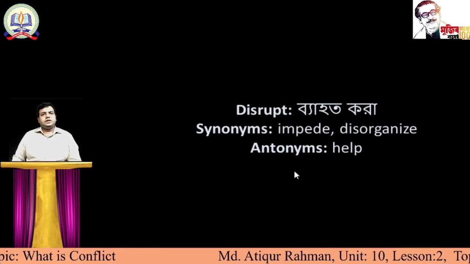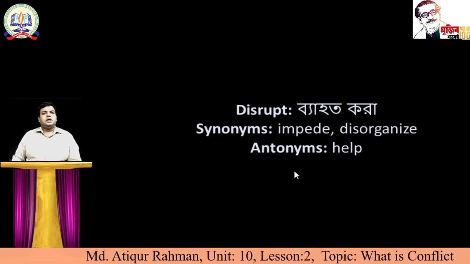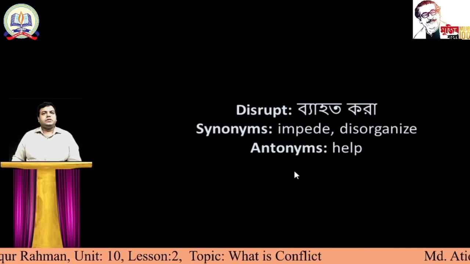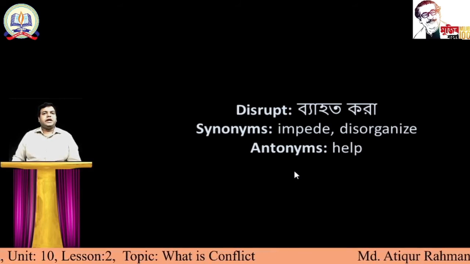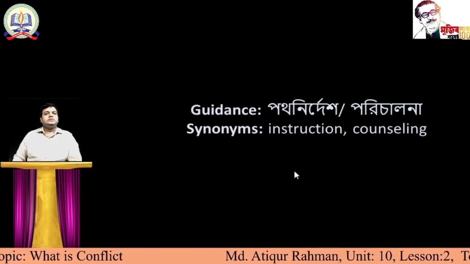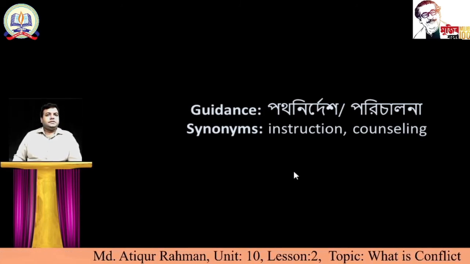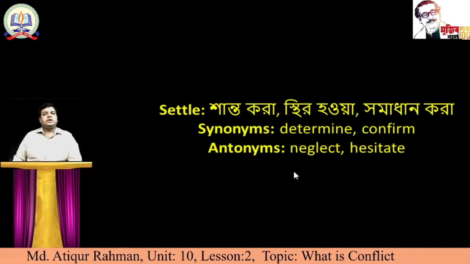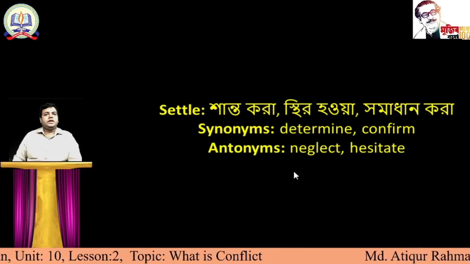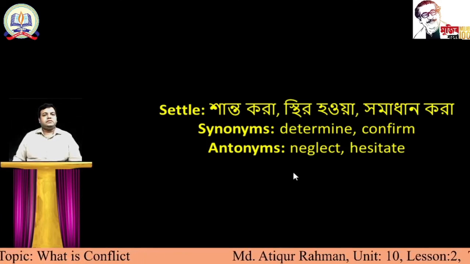Disrupt means ব্যাহত করা. Synonym is impeded. Antonym is help. Guidance, পথ নির্দেশনা. Synonym is counseling. Settle means শান্ত করা, স্থির করা, সমাধান করা. Synonym is determine. Confirm is another synonym. Antonym is neglect, hostile.